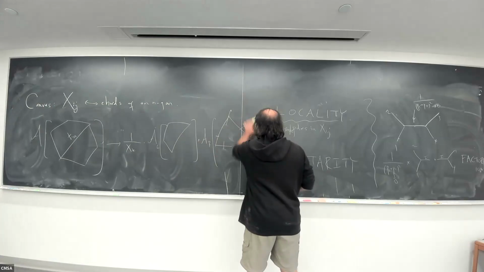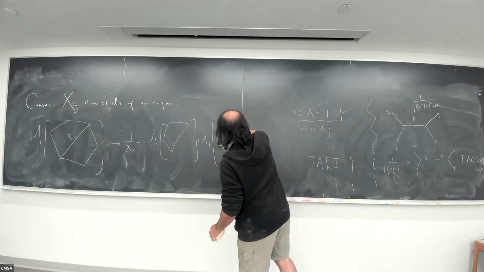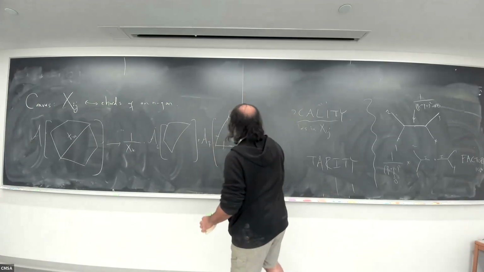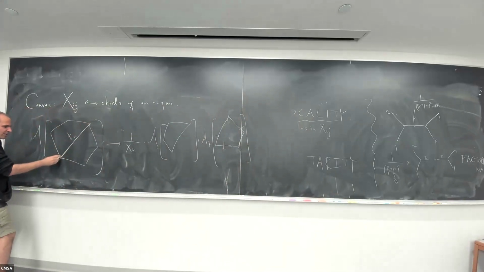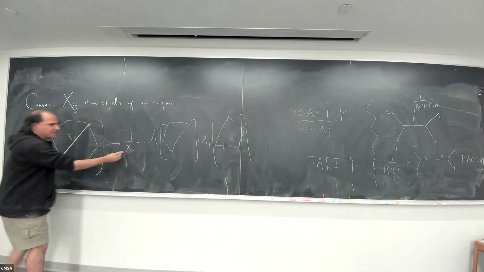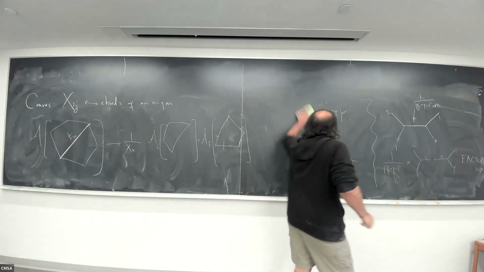So factorization looks exactly like what you would think in the polygon language. Something else that's very natural in the polygon: when this chord goes to 0, the amplitude has to factorize into the product of something on the left and something on the right.